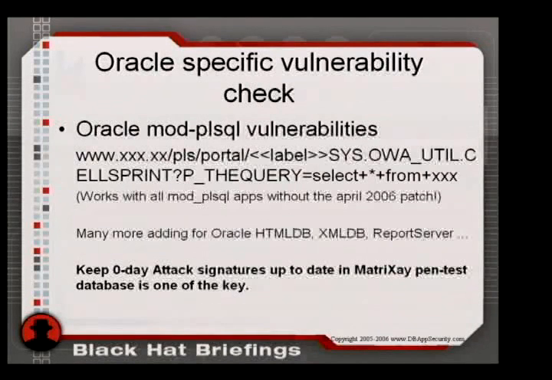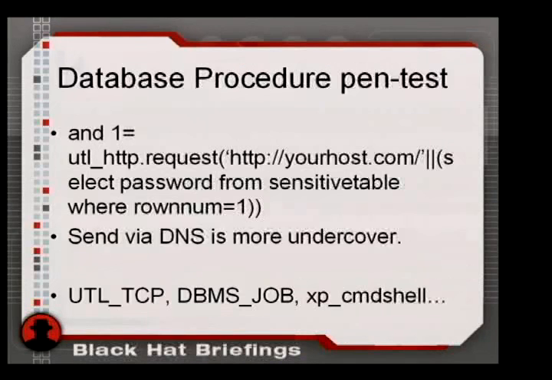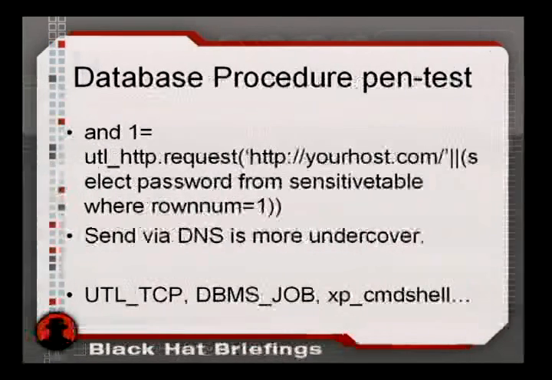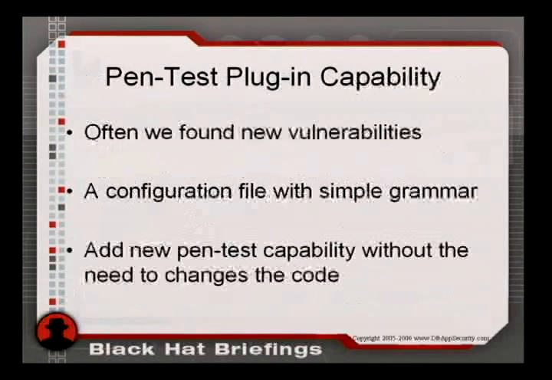Specific vulnerability checks, such as Oracle mod_plsql, HTMLDB, XMLDB, report server, and the database procedures for out-of-band pen test like UTL_HTTP, UTL_TCP. You can make use of the traffic back and forth to gain a lot of information that you may never have thought about.